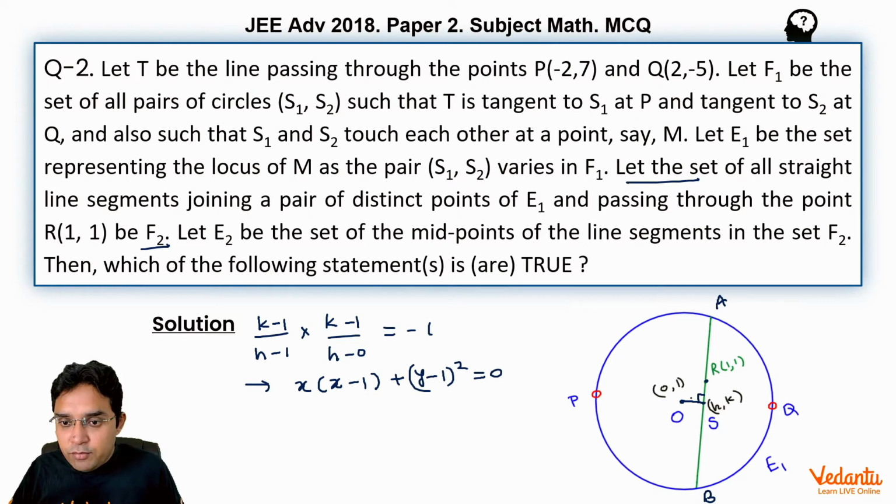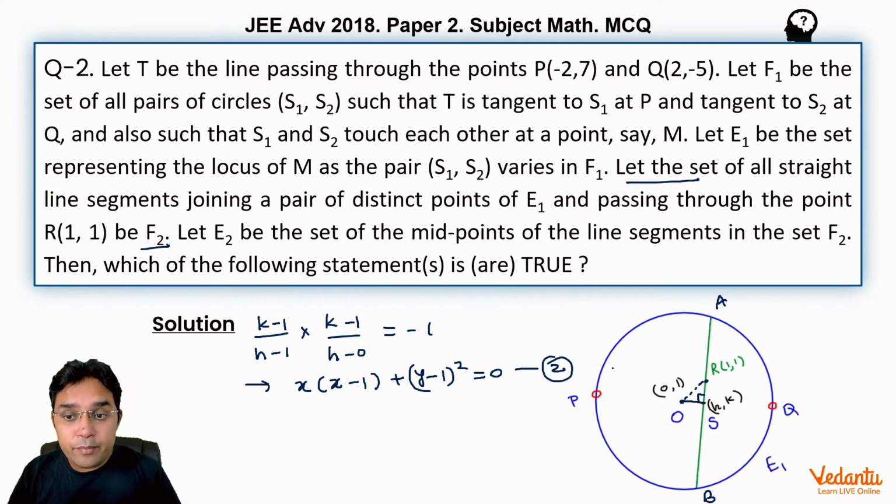In fact, this could have been seen as a circle whose diameter is OR, because this OR, if we take as a diameter, it will subtend 90 degrees at S. So S will be lying on that circle also. We can look at this locus that way also. And this is my equation number 2.